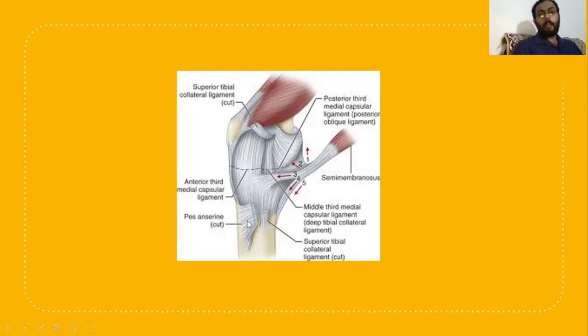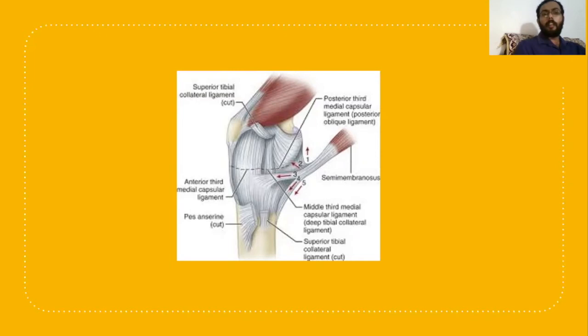Here we can see the pes anserine bursa, which is the attachment of three muscles. This pes anserine bursa is prone to bursitis due to direct injury or repeated strain injury, or it may be seen in osteoarthritis patients. The medial part of the tibia is affected, and the most tender point can be elicited there.